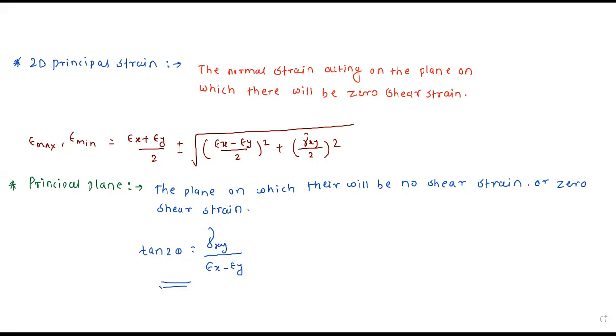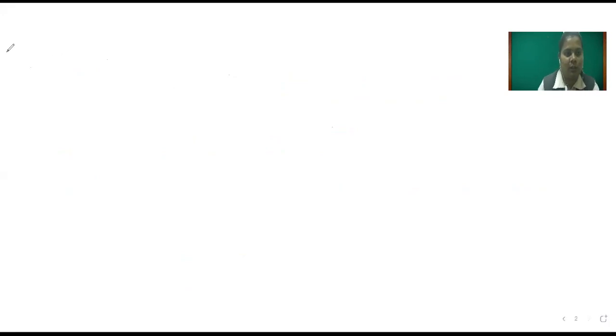Okay, next point we will see is maximum shear strain. How to find out the maximum shear strain? Please write down the next point. Maximum shear strain gamma max is equal to epsilon maximum minus epsilon minimum.